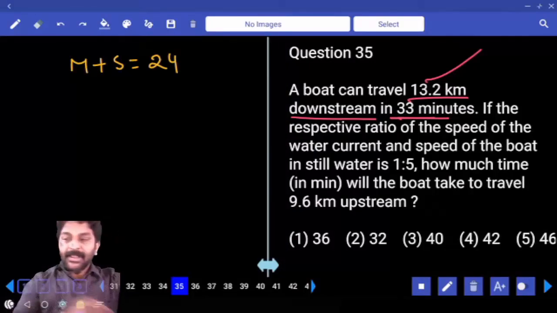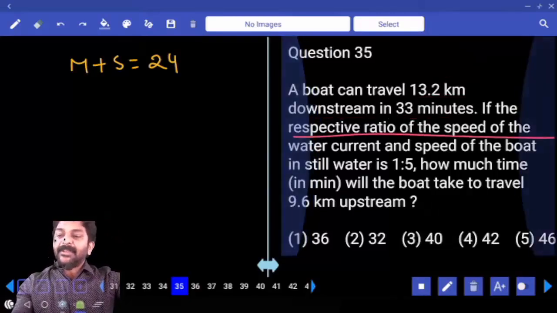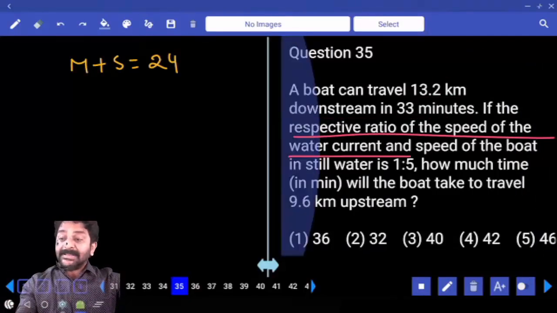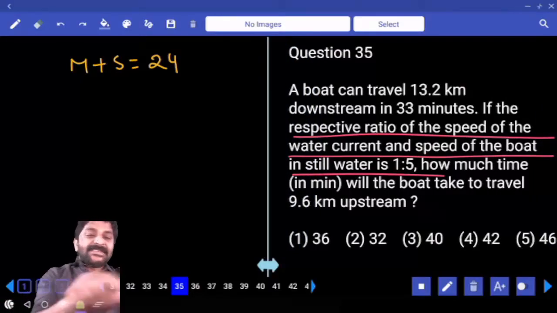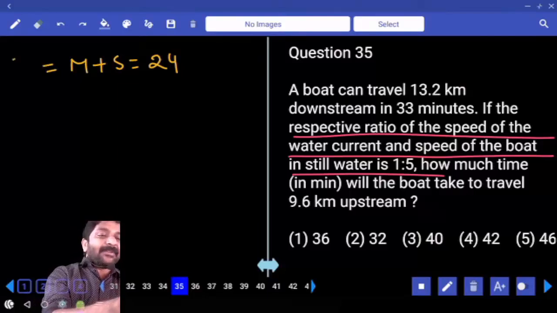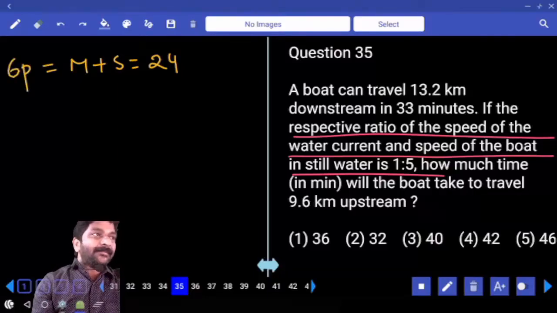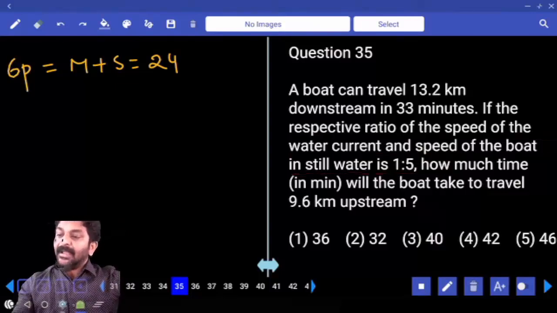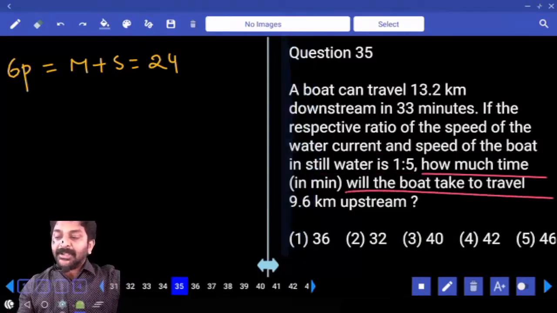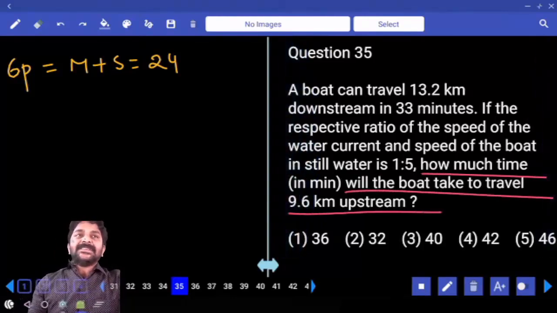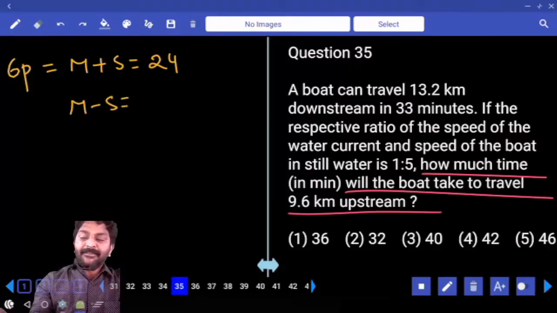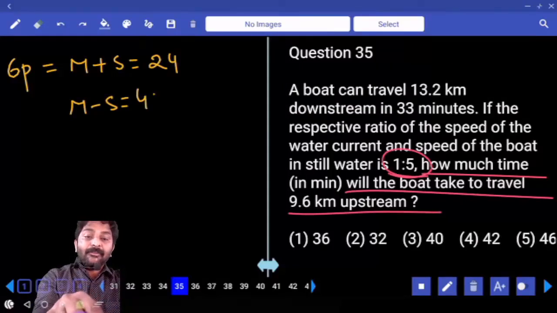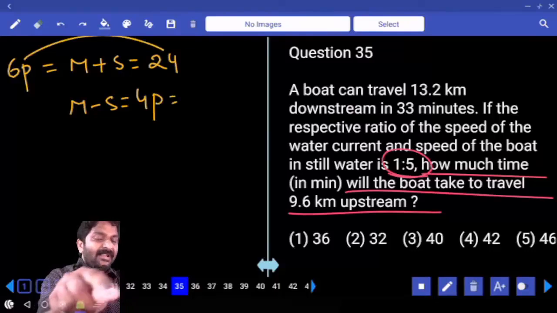Next. If the respective ratio of the speed of the current and the speed of the boat in still water is 1:5, downstream speed is equal to M plus S. That must be equal to 6 parts only. 6 how many times is 24? Next. How much time will the boat take to travel 9.6 kilometers upstream? Upstream means M minus S only. 5 parts minus 1 part, 4 parts. 6 how many times you said?